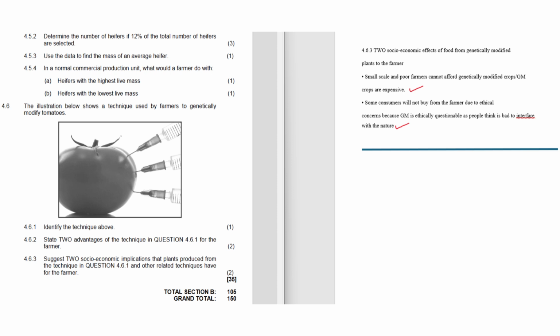Customers say they will not buy from the farmer because of what the farmer does. The farmer buys GM crops, and because these GM crops are ethically questionable, as people feel it is wrong to interfere with nature, some consumers will not buy from the farm due to ethical concerns. That's it.